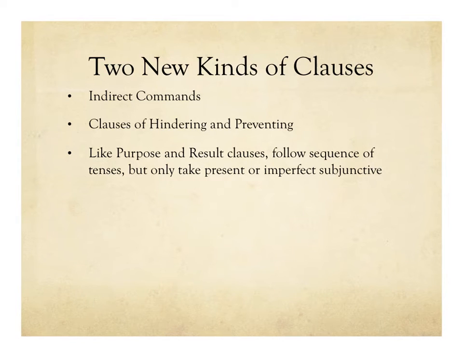So these two kinds of clauses, indirect commands and clauses of hindering and preventing, are a lot like purpose clauses because, like them, they follow the sequence of tenses. So these are clauses that take a subjunctive, and they only take the present or the imperfect subjunctive, just like purpose and result clauses do, because they follow command words, so you're really telling somebody that you want them to do something, but you're not sure that they're going to do it, or you're trying to stop someone from doing something and you're not sure they're going to stop.